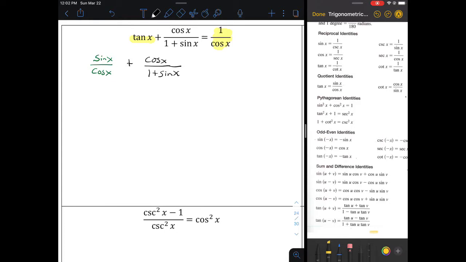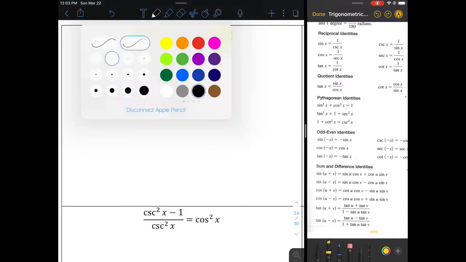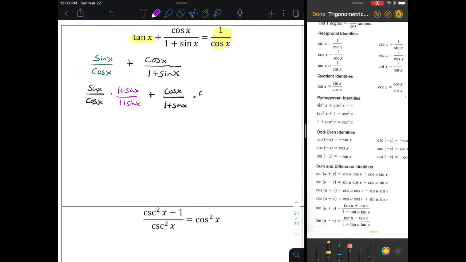So sine of x divided by cosine x times, I have to multiply by 1 plus sine x over 1 plus sine x. And then my second function needs to get multiplied, top and bottom, by cosine x over cosine x. So I'm going through the process of getting common denominators.